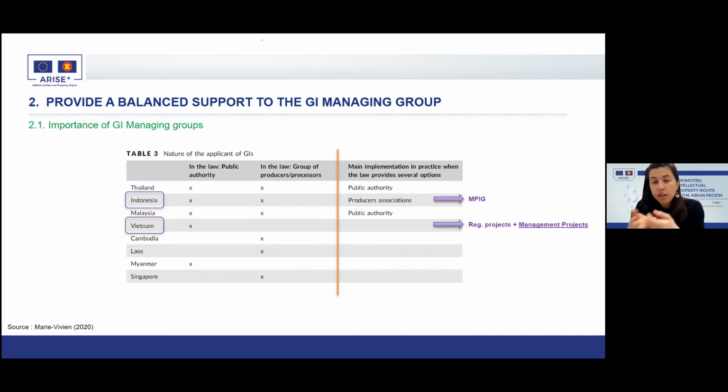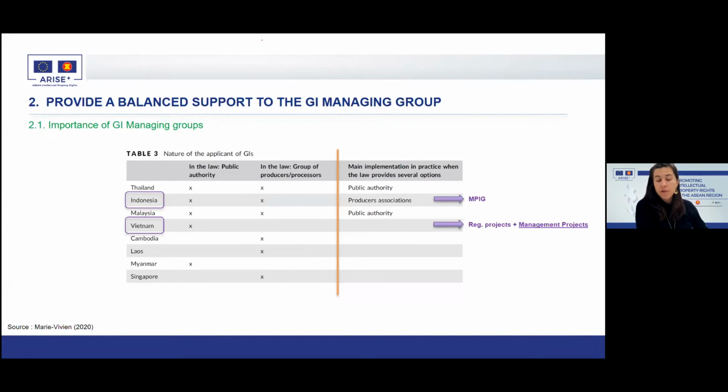So for Indonesia, the applicant is always a producer association, a group of producers and processors that is created during the elaboration phase. So it's created before registration, and this group of producers, which is called MPIG, will send the application.